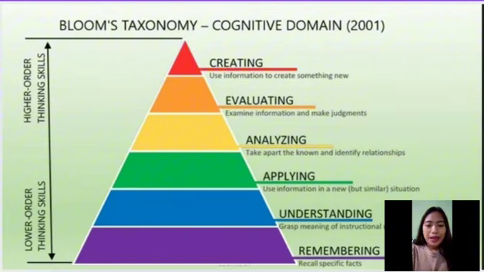Level number 5, evaluating. The learner makes decisions based on reflection, criticism, and assessment through checking and critique. Level number 6, creating. The learner creates new ideas and information, using what they have previously learned.